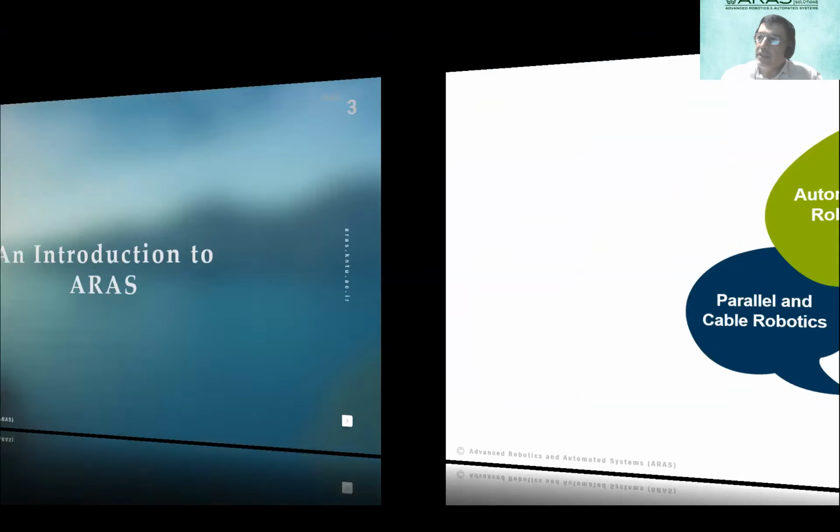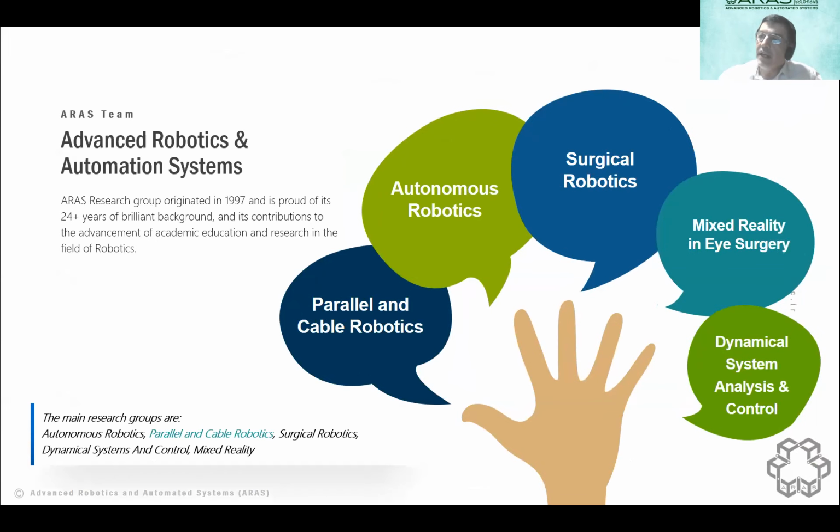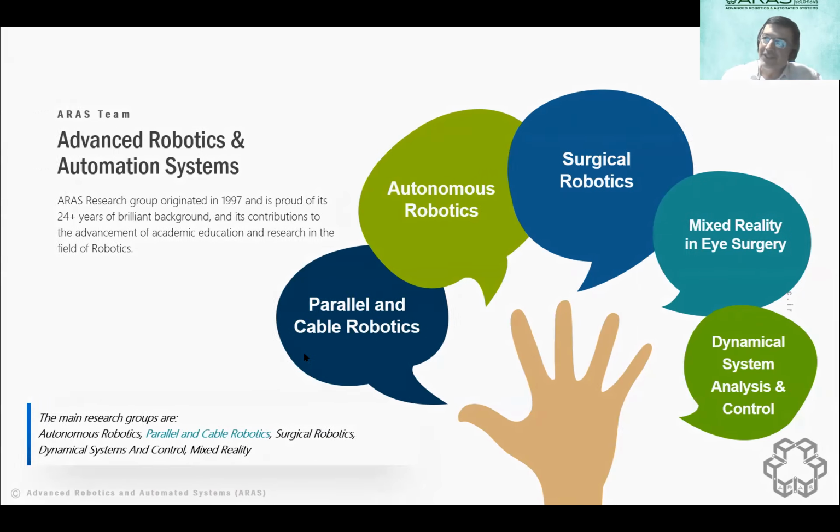About ARAS: ARAS is the acronym of Advanced Robotic and Automated Systems, and also the name of a river in Iran. We have different active research groups, as you see. One of them is parallel cable robotics, and the results presented here are mainly the work of the group, and I'm only the presenter.